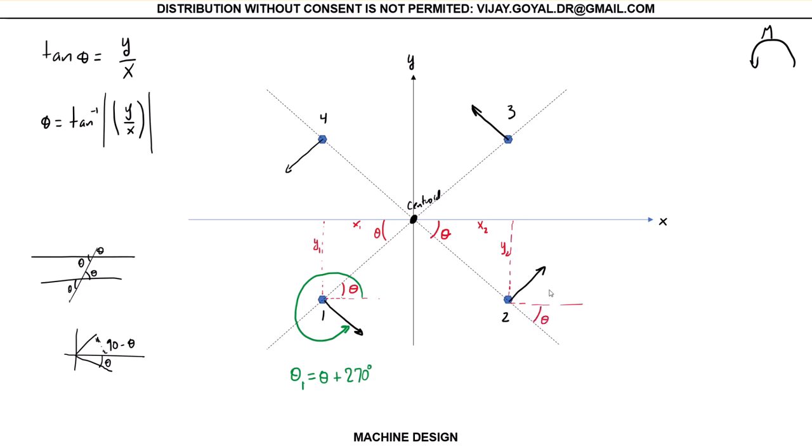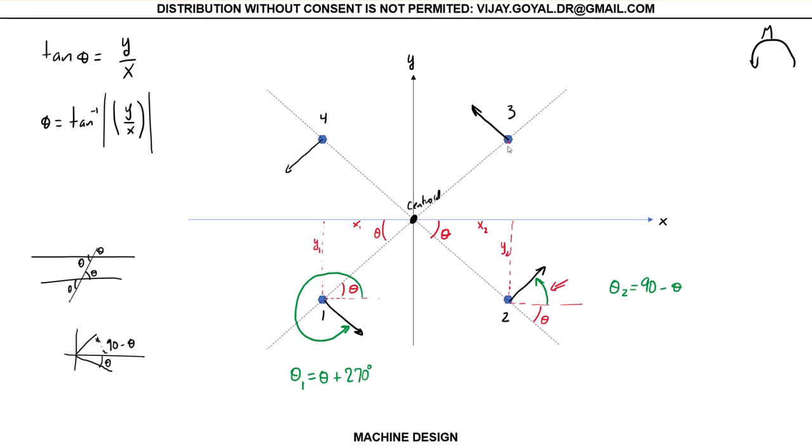And the angle that I'm really interested in is this one, from the horizontal to the load. So angle 2 is equal to 90 minus theta.